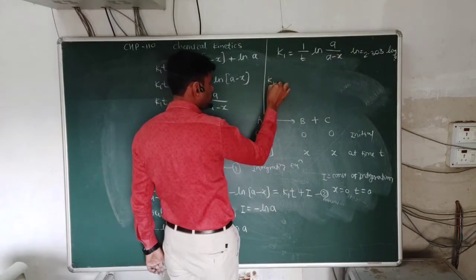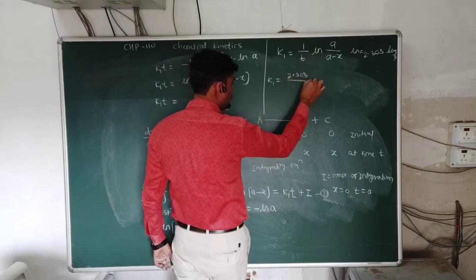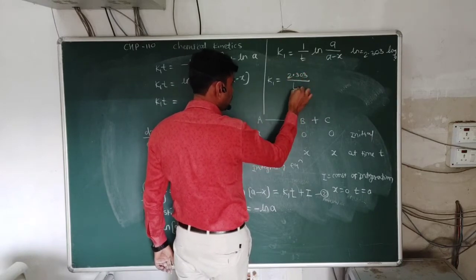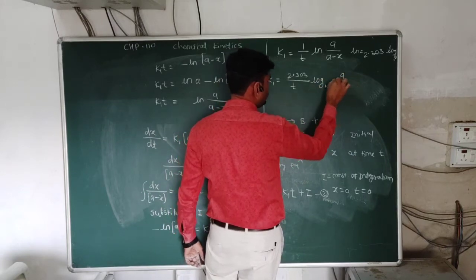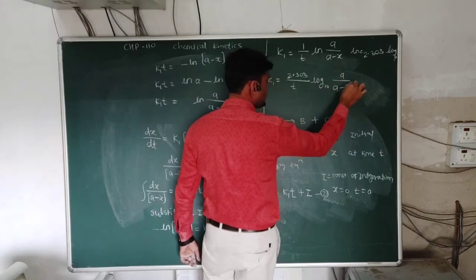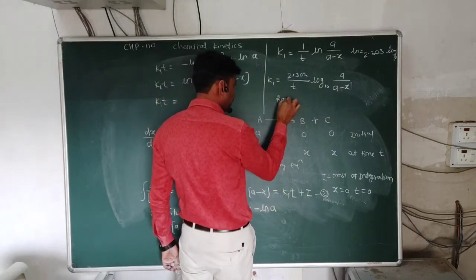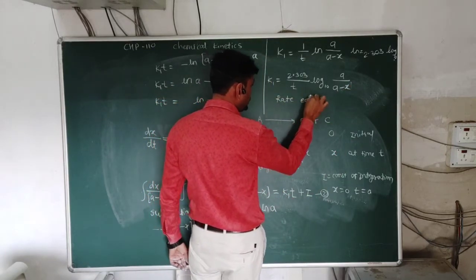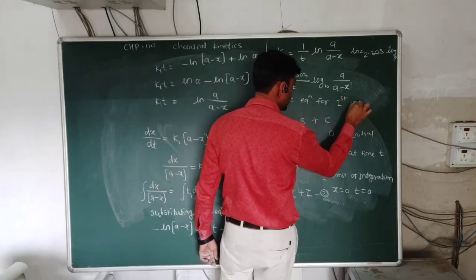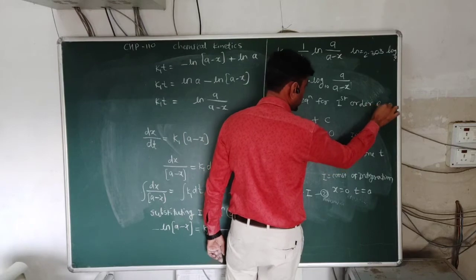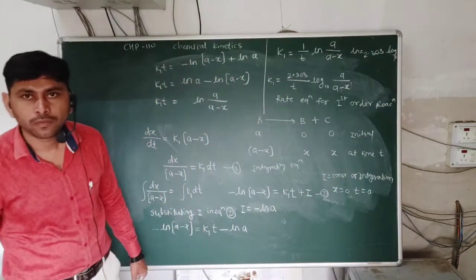So k1 equal to 2.303 upon t log to the base 10 of A upon A minus x, and this is the rate equation for a first order reaction.